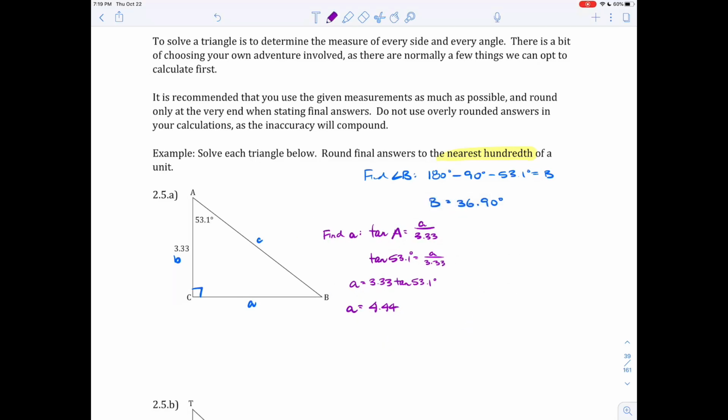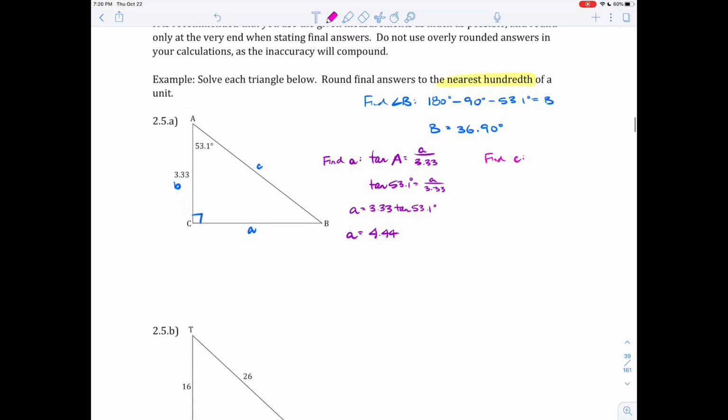Last thing we need to find is B. Or no, C. And for that, I'm going to use cosine. I'll say that the cosine of angle A is the adjacent side for that angle over the hypotenuse.